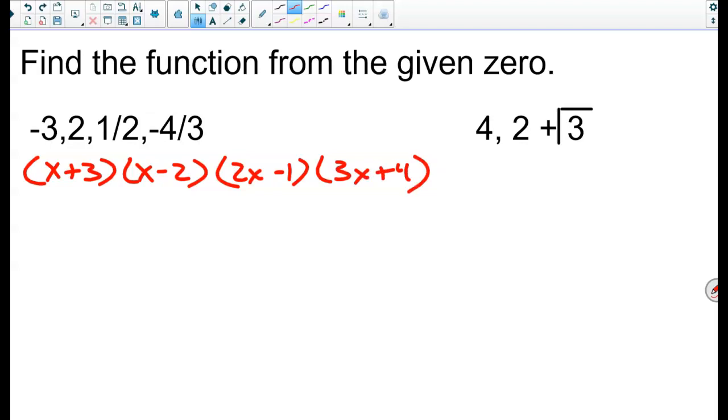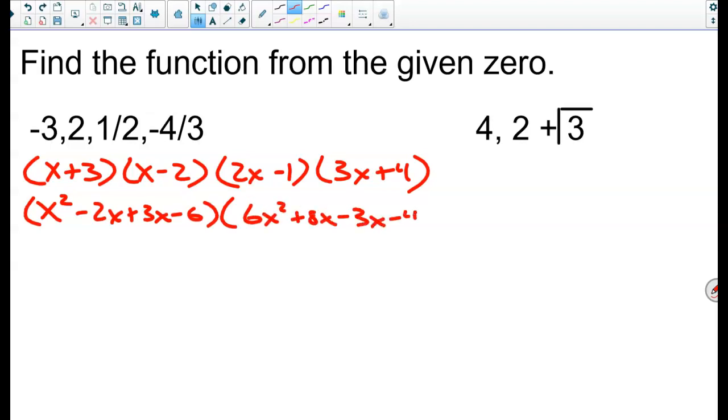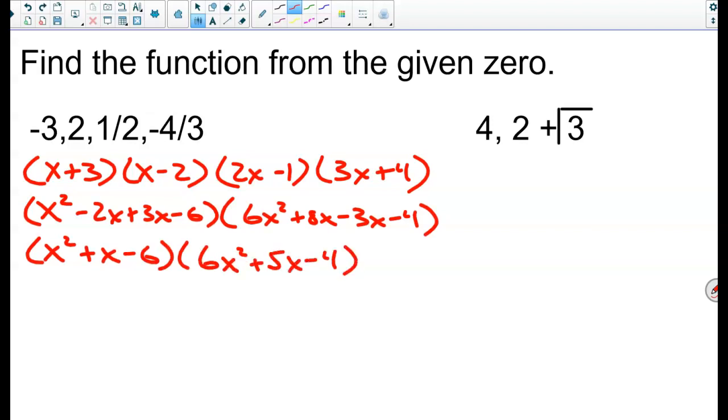You need to FOIL: x squared plus minus 2x plus 3x minus 6. 6x squared plus 8x minus 3x minus 4. And then we're going to combine our middle terms. So this is what should be FOILed and what should be on your paper.